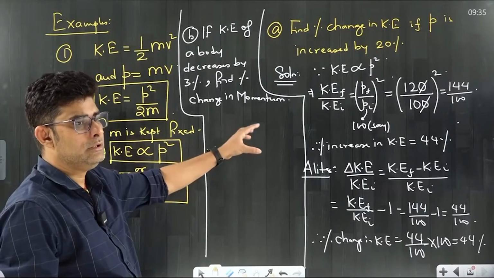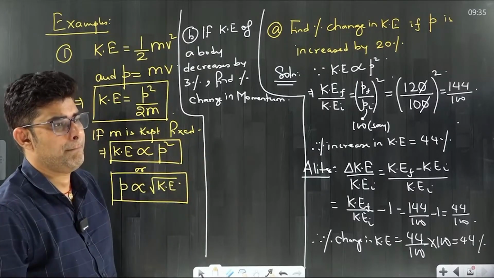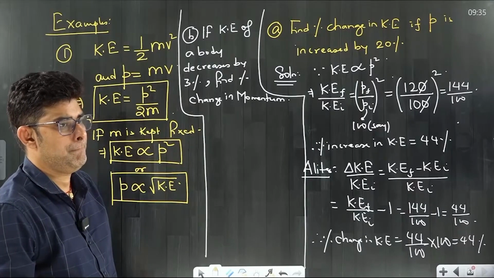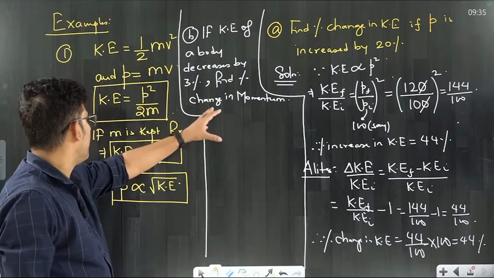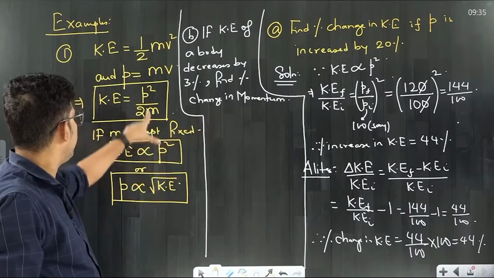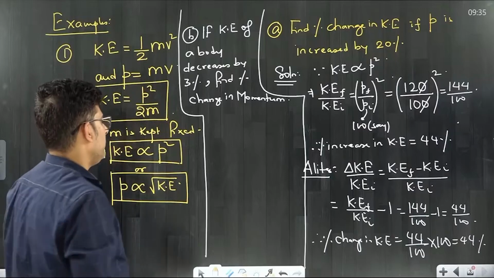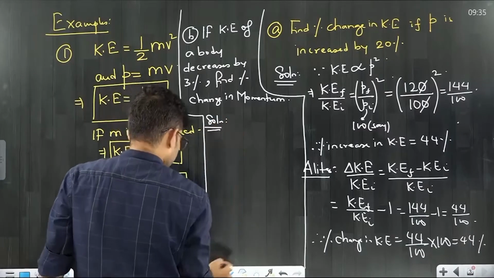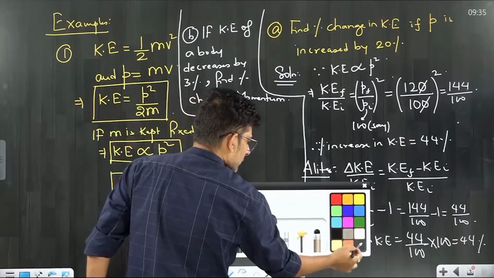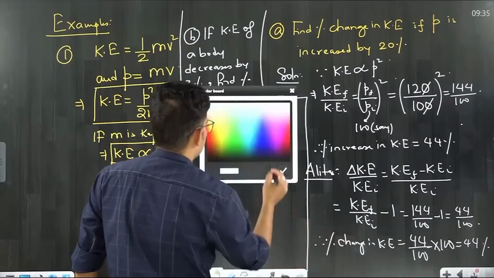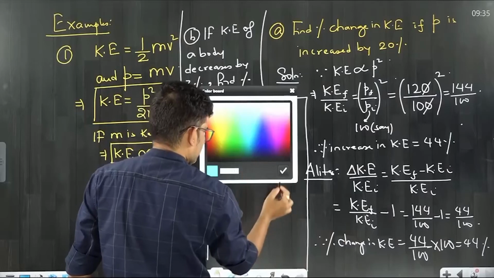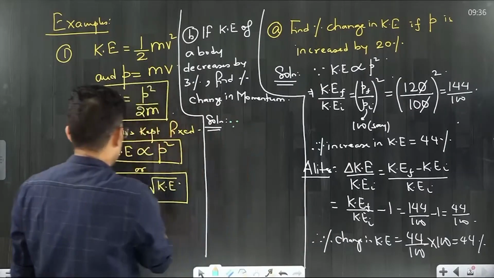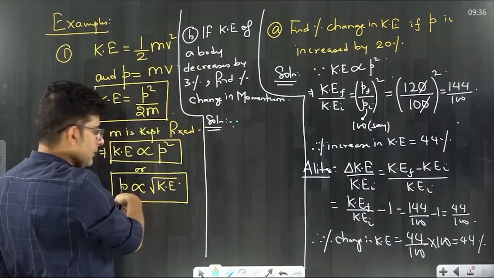Is this a large change or a small change? Small change. So for small changes we can go directly by the concept which I told. Now they are giving kinetic energy and they are asking momentum.